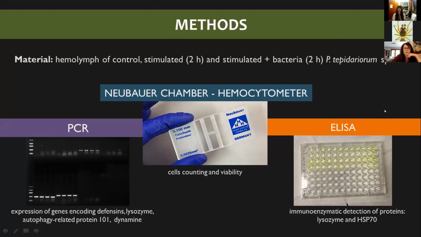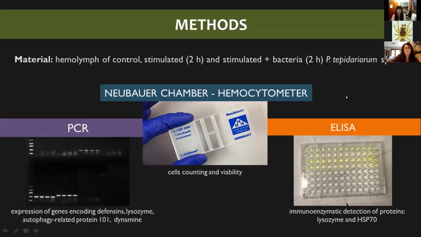Okay, continue. All right. So the 3 methods we used: the first was PCR. We checked expression of genes encoding a few proteins of the immune system of spiders, which are lysozyme, defensins, autophagy-related proteins, and dynamin.